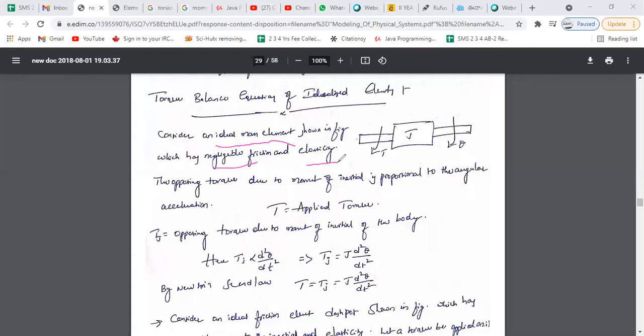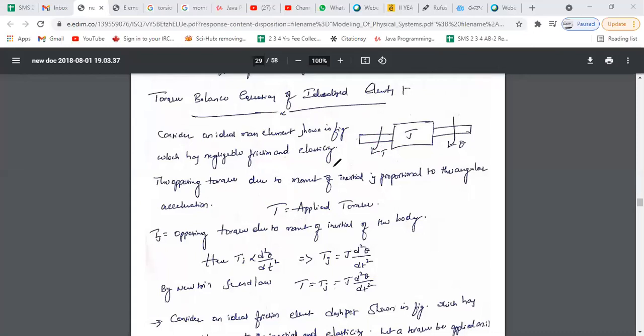Similar to the translation system, where we discussed the same thing, for an idealized mass element we considered negligible friction as well as elasticity. Here also, for an idealized mass element, we consider negligible friction as well as elasticity. Now, here this is the applying torque.